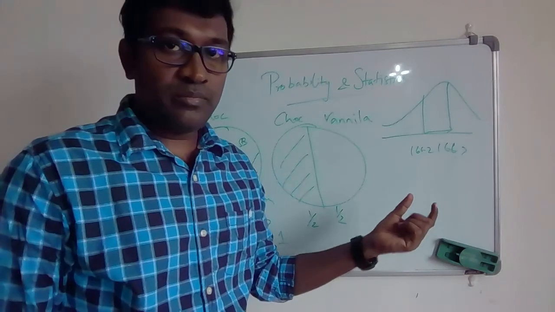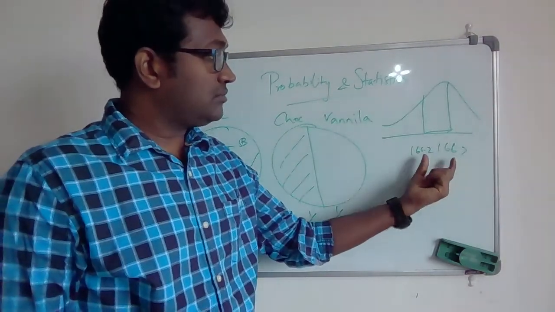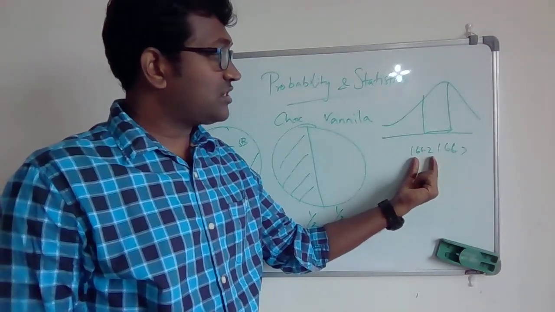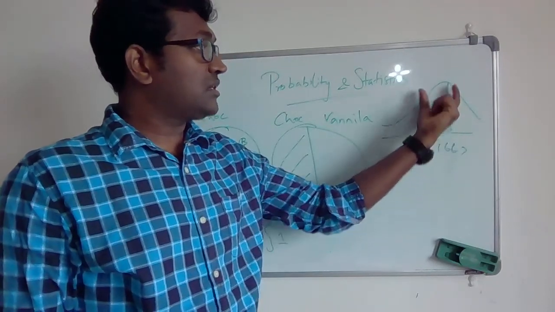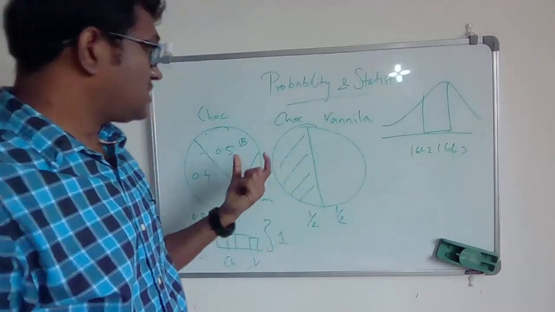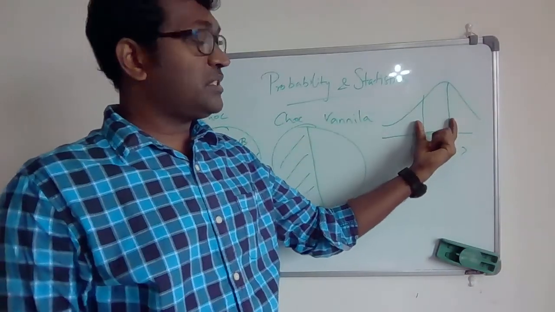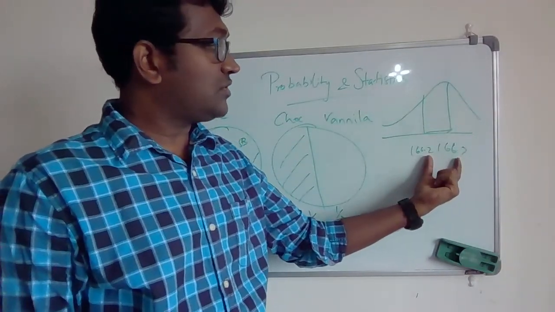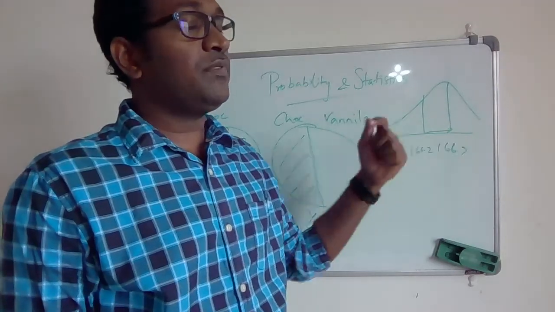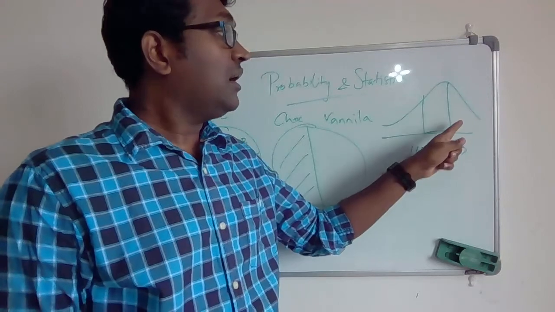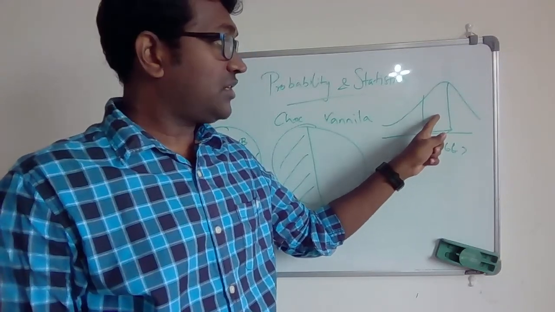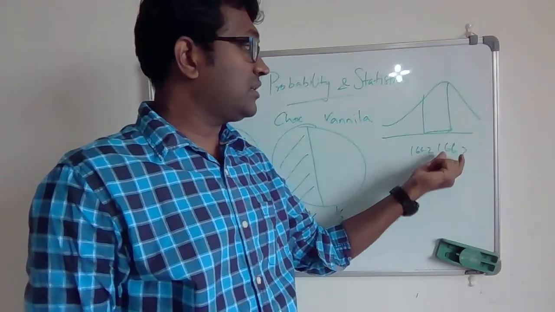Suppose I wanted to find the probability of getting a height between 166.2 and 166.7. Then the area under this curve helps us assume that it is a cake, and this piece of the cake has all the mass of this data, so that if I randomly close my eyes and touch somewhere, I might touch here and here, and that's the probability of getting this data.